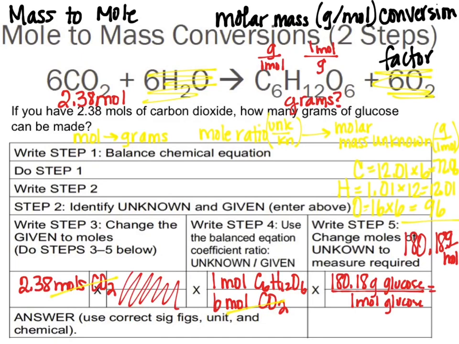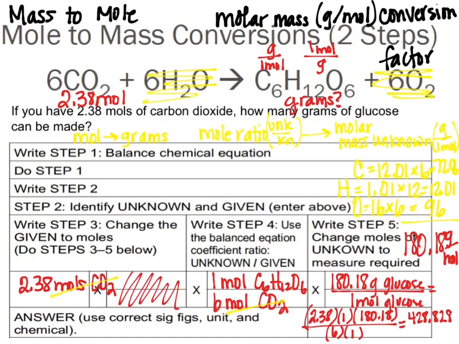So now we have 2.38 times 1. Somebody should be putting these in the calculator. 180.18 over 6 times 1. If you don't have a calculator, you need to go get one. 428.82.